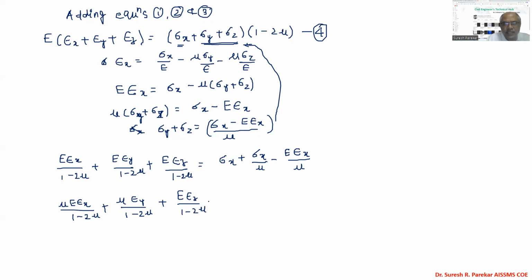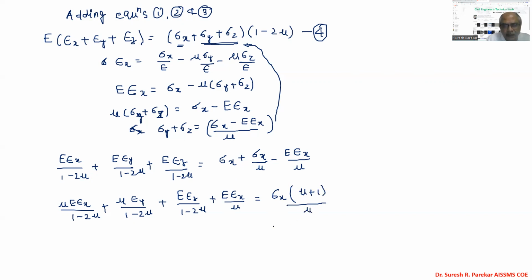Now I take this term to this side, E epsilon x upon mu, and that is equal to, if I take sigma x in this, then I will get mu plus 1 upon mu.